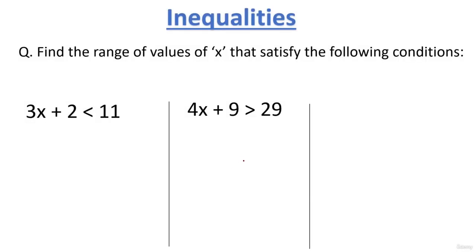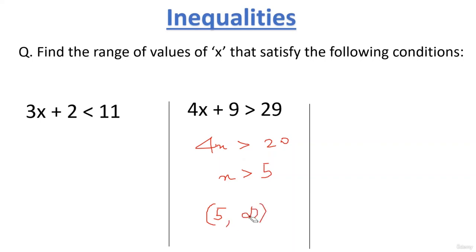So we have 4x plus 9 is more than 29. So take 9 on the right hand side. You have 4x greater than 29 minus 9 is 20. Means x is greater than 20 upon 4, which is 5. Right? Now x is greater than 5, not equal to 5. So we denote this with a round bracket. Greater than 5. And now x can increase towards positive infinity. So your answer is 5 to infinity.